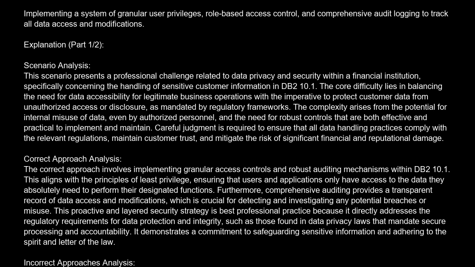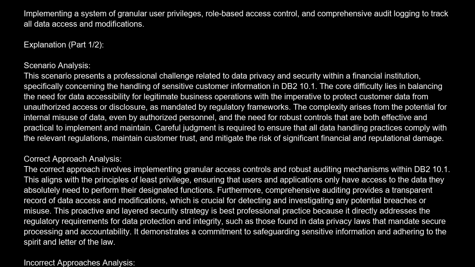This proactive and layered security strategy is best professional practice because it directly addresses the regulatory requirements for data protection and integrity, such as those found in data privacy laws that mandate secure processing and accountability. It demonstrates a commitment to safeguarding sensitive information and adhering to the spirit and letter of the law.